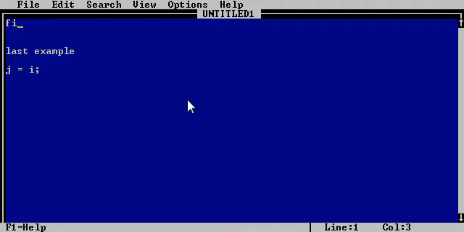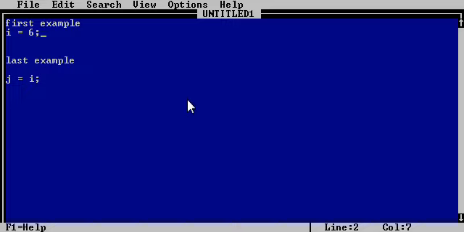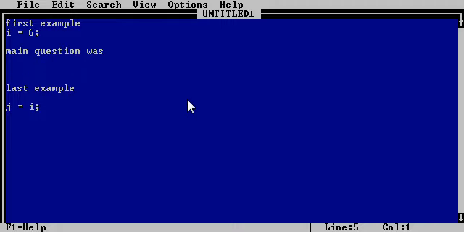First example was this. Okay? And the main question was this. How do we do this? Foo. And we came up with an answer.